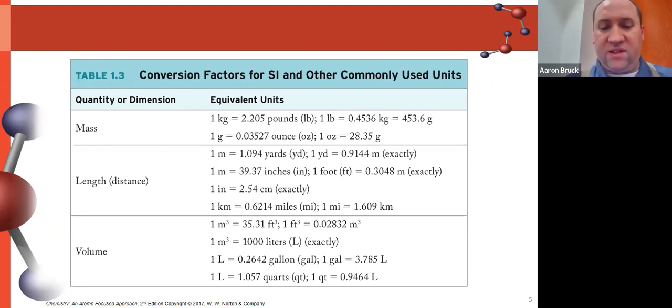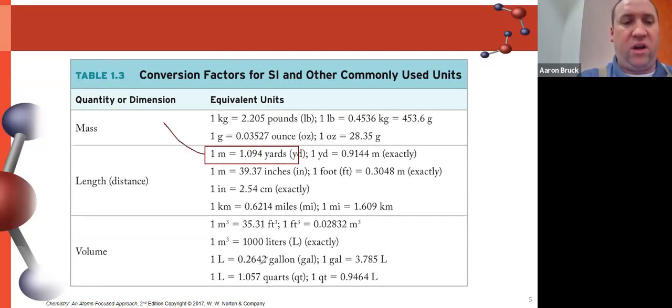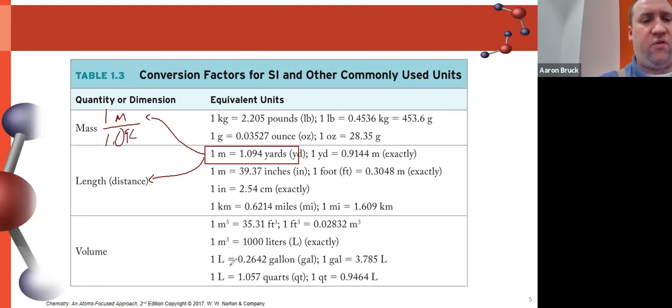Remember, all of these things that are linked together by equal signs can be converted into fractional forms. So the 1 meter to 1.094 yards can be 1 meter over 1.094 yards, or it can be 1.094 yards over 1 meter.